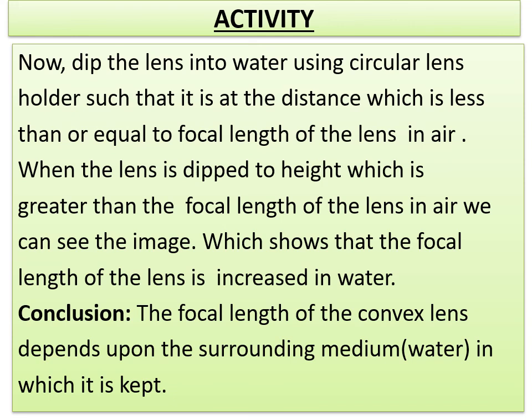But when the lens is dipped to a height greater than the focal length of the lens in air, we are still able to see the image, which shows that the focal length of the lens is increased in water. So we can conclude that the focal length of the convex lens depends upon the surrounding medium in which it is kept. Here the medium we have taken is water.